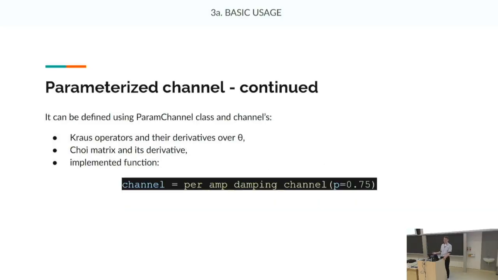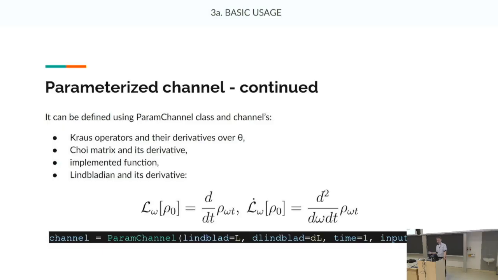Or in some cases, like this one, there's already a function that just takes the parameter that specifies this noise and gives you the parameterized channel. And in case you have a continuous time regime, you can also instantiate your channel from the Lindbladian and its derivative. Okay, so there are multiple ways.